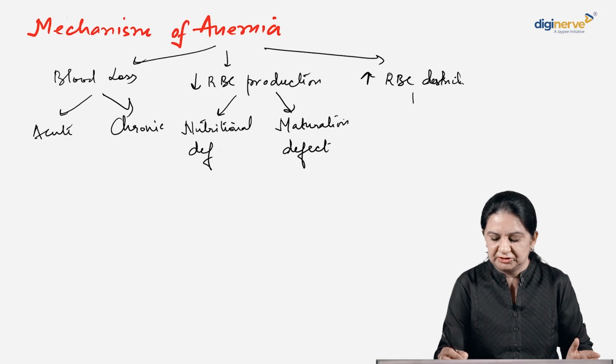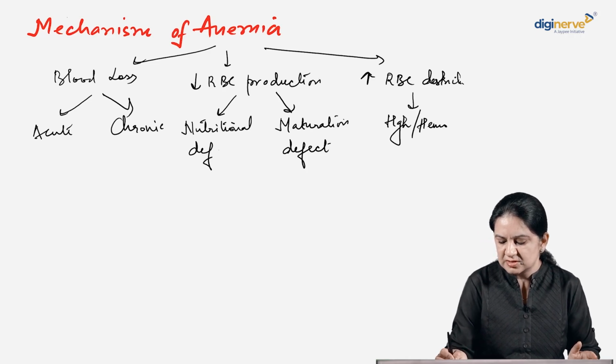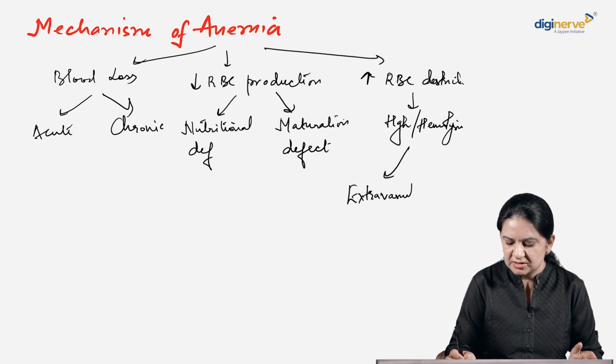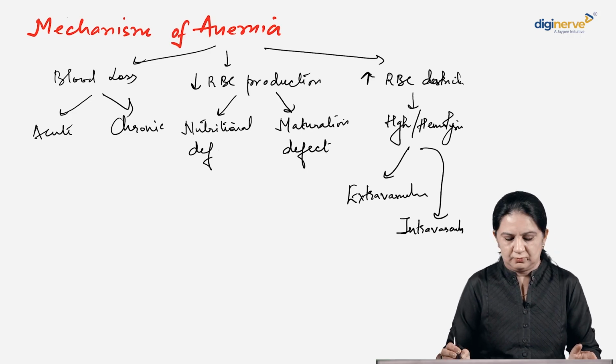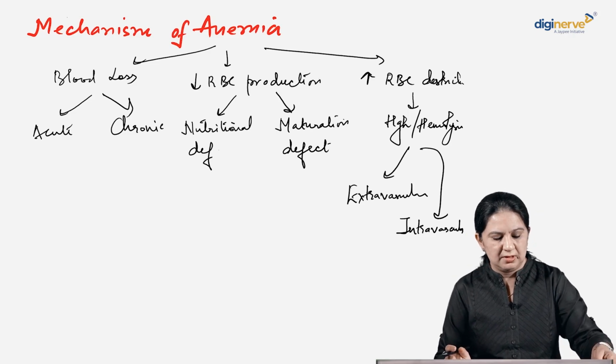Increased RBC destruction could be due to hemorrhage or hemolysis, which in turn could be extravascular based on the site of hemolysis, or it could be intravascular. All right. So this was based on the mechanism causing anemias.